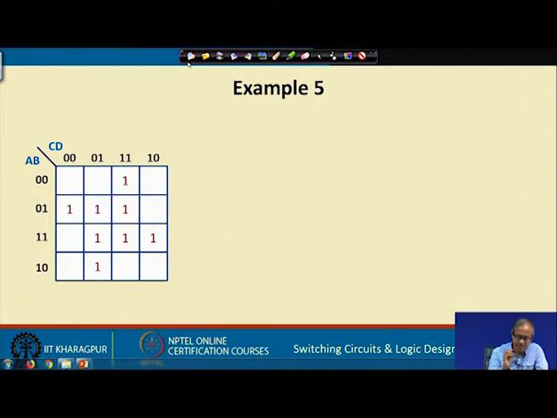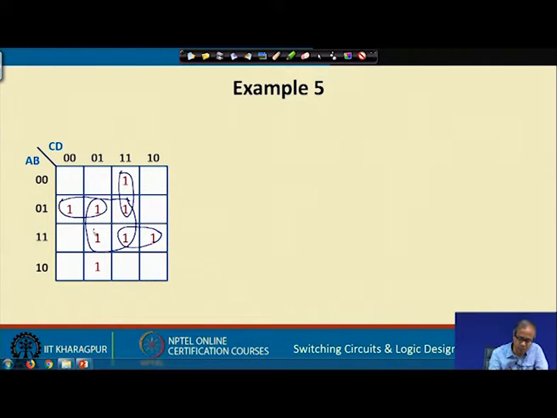You see, in this example, the first thing I am saying is that this is the largest cube. But the other 4, I cannot leave them out, because each of them is having at least one cell which is not covered by anyone. These are not covered by any other cube.